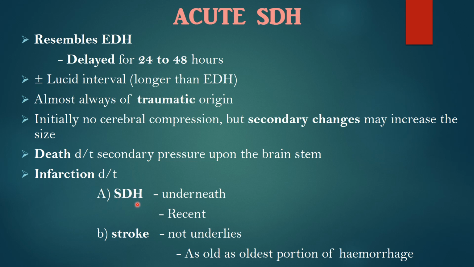So the subdural hematoma, if it increases rapidly, just beneath the subdural hematoma, due to pressure, there will be loss of blood supply. So an infarction may develop. This infarction will be just beneath the subdural hematoma and will be of recent onset. Whereas an infarction due to a cerebrovascular accident or a cerebral infarction will be old.